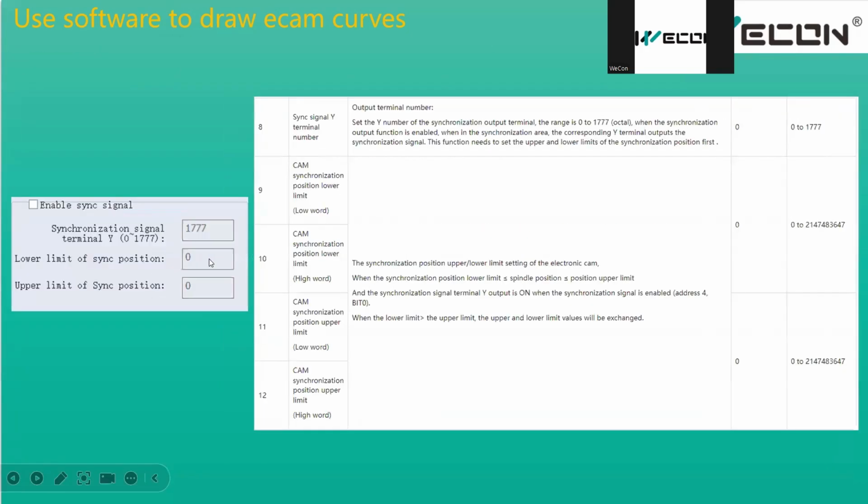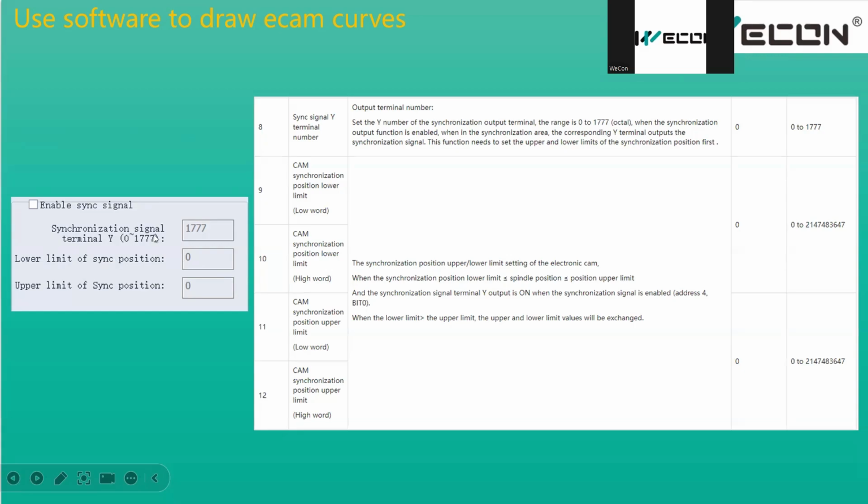So we can use this sync signal function. For example, after we calculate, we will find when the master is between 200 and 500 in this area, we need to do the cutting action. So we can use this sync signal to control our cutter to go up.